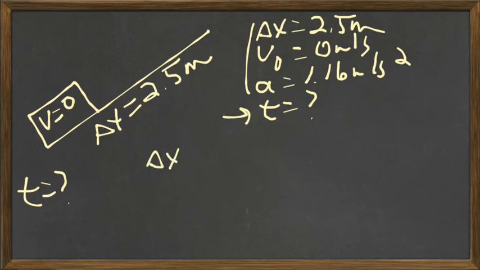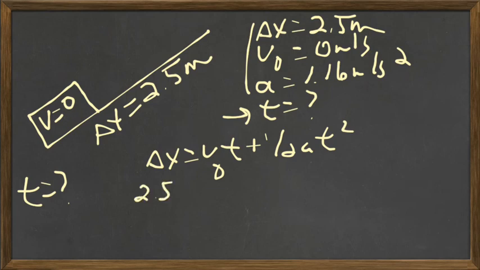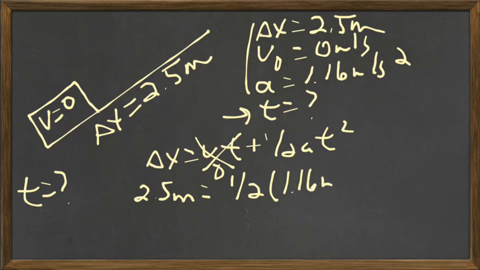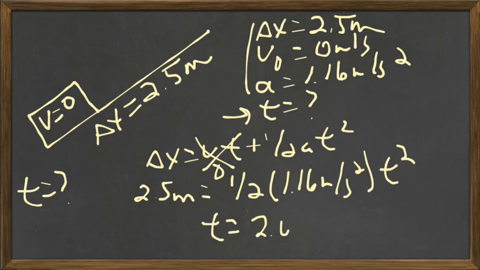Delta x is v0t plus 1/2 at squared. Delta x, 2.5 meters. My initial velocity is 0, so that whole piece is 0. We'll just leave him out. 1/2 my 1.16 meter per second squared times time squared. Time winds up being 2.07 seconds.